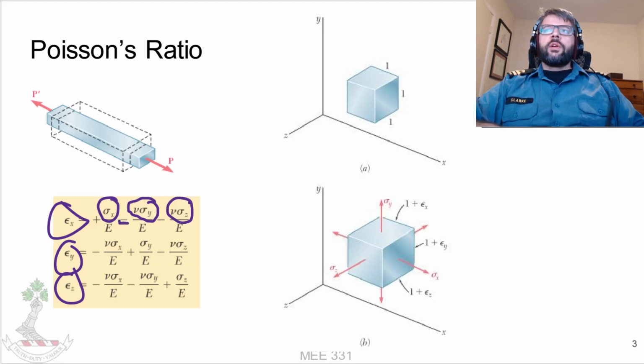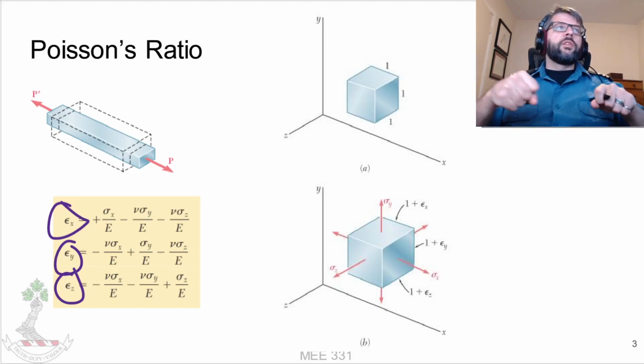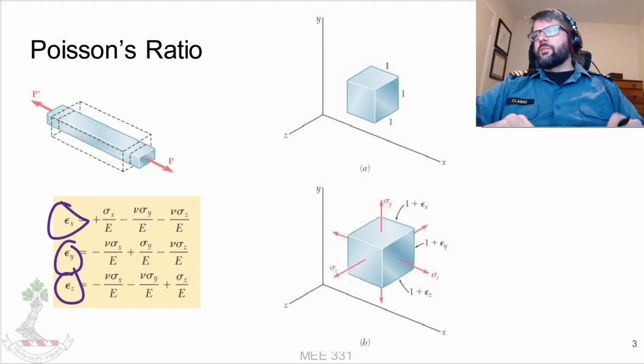So don't forget your negative sign here, because when you're pulling in one direction, it's causing the other two directions to contract.